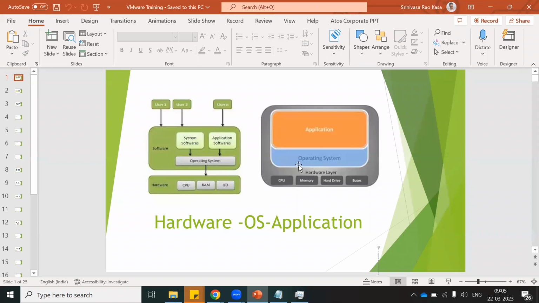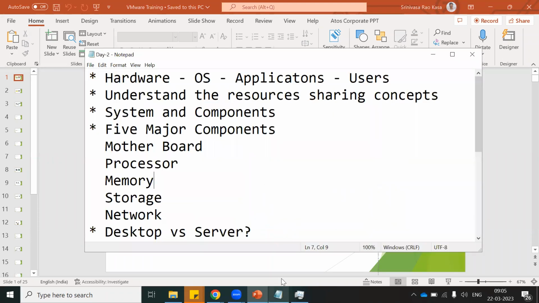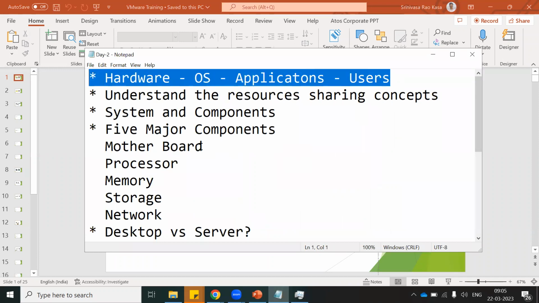So in this picture, how the applications get resources is the relation between the first point: hardware versus operating system versus applications versus users.